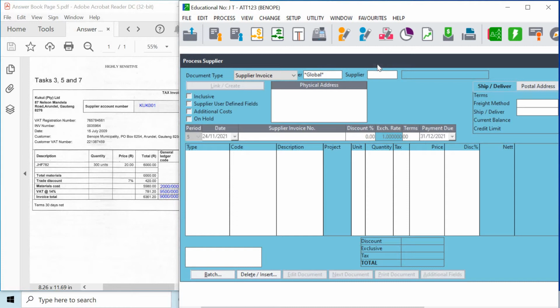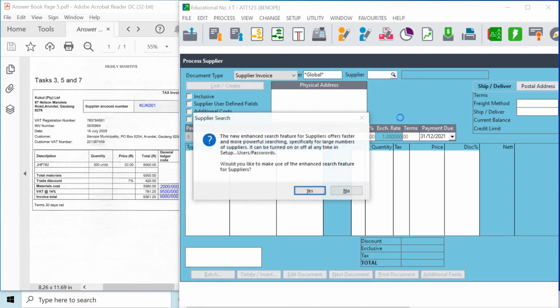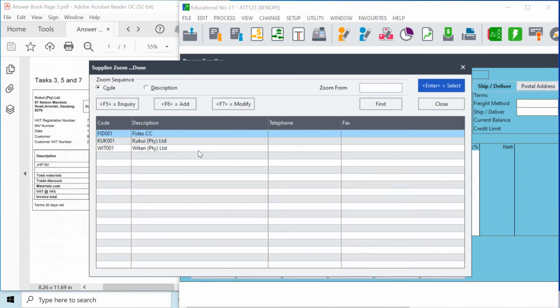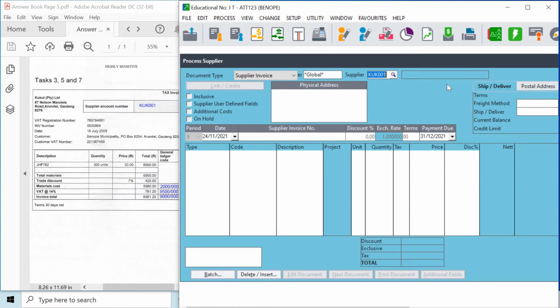In our supplier invoice, we'll leave the invoice number as global, and as we tab into our supplier account search block, we again are given this option of selecting the new enhanced search feature. For suppliers, we can again select no, as we only have 3 suppliers, so we do not need an enhanced search feature.